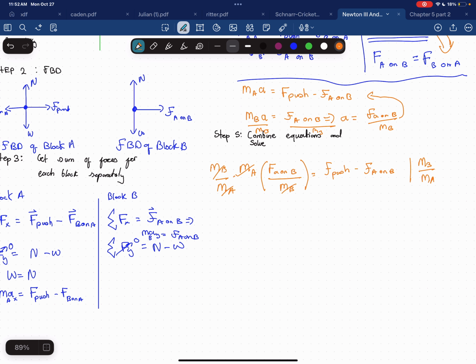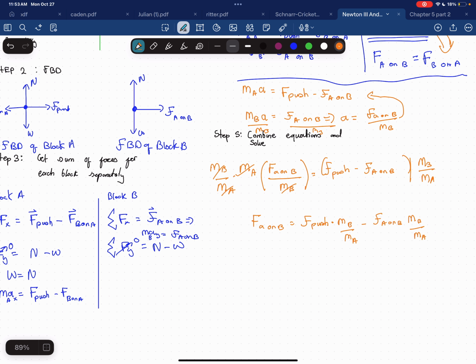They'll cancel here, and then the force of A on B is going to be equal to F push minus F of A on B, times m_B over m_A. It's B over A, right? My mistake.